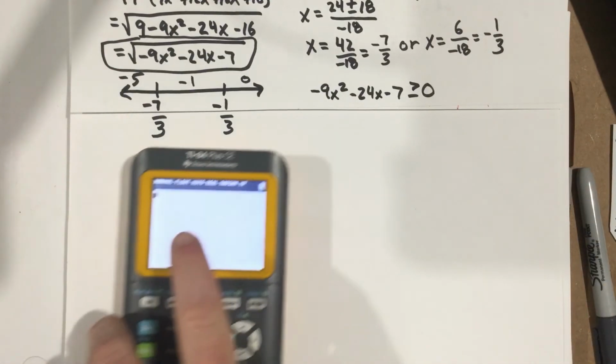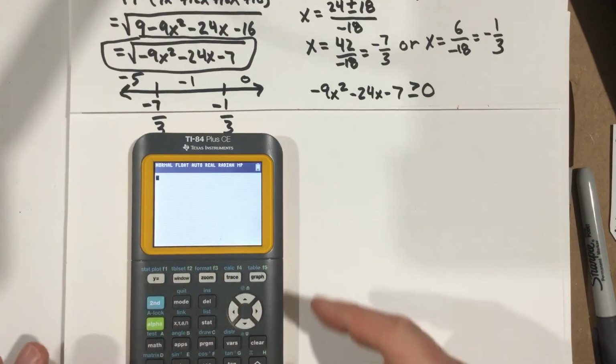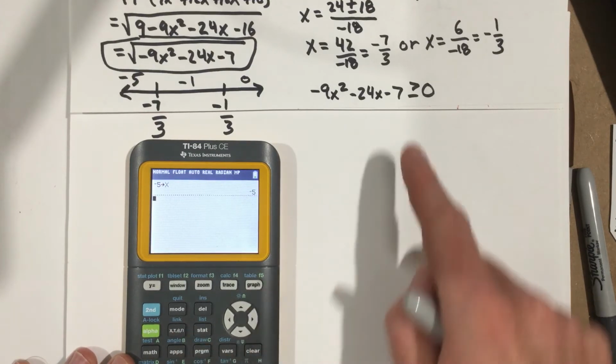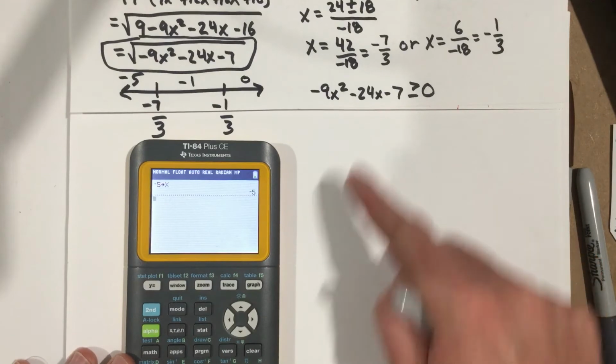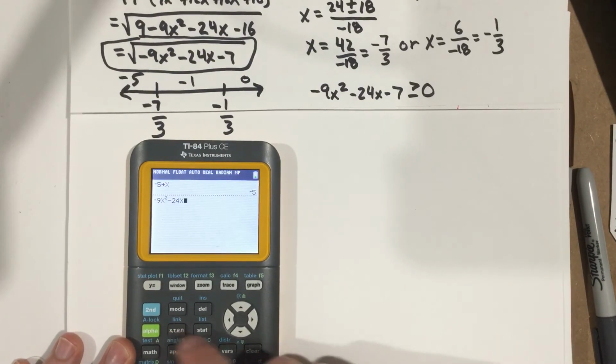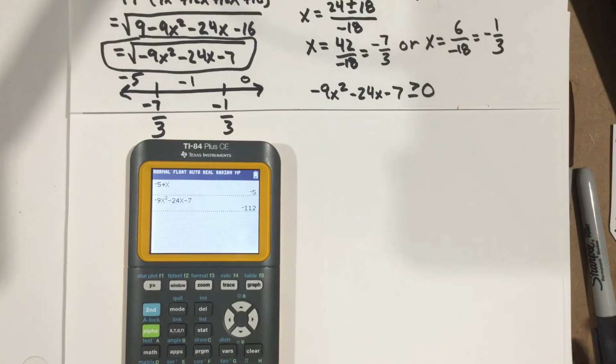So I'm going to plug in -5, store it as x, and type in this function here: -9x² minus 24x minus 7. And if it's greater than 0, it works, but it's not.